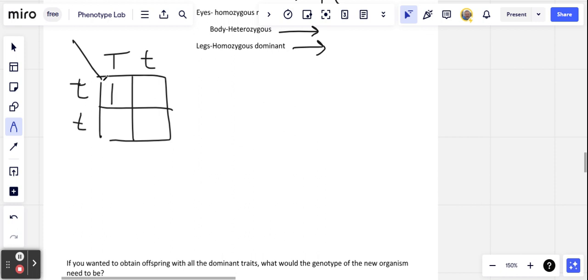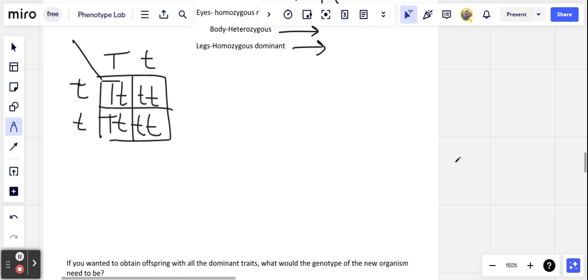Okay, then we're going to cross them. Put our alleles in. Okay, and then you just, right, because this letter goes there, that letter goes there for that one. This capital and these ones go together. This capital and that one goes together.